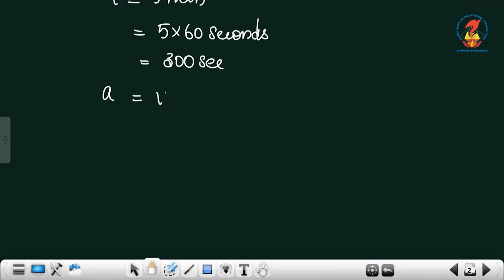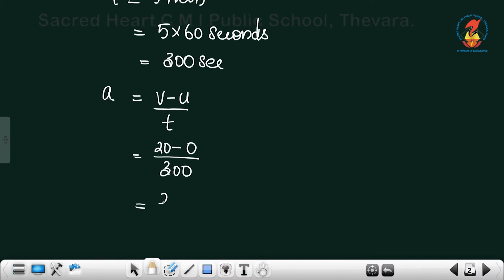a equal to (v minus u) by t, that is equal to (20 minus 0) by 300, which is 20 by 300. Now, what's the answer?